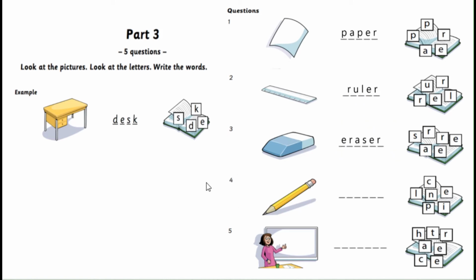Number 4. Look at the picture. What is it? Order the letters. It's a pencil. Okay. Picture number 4 is pencil.